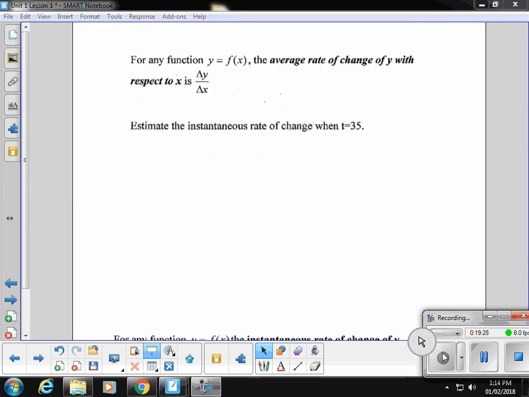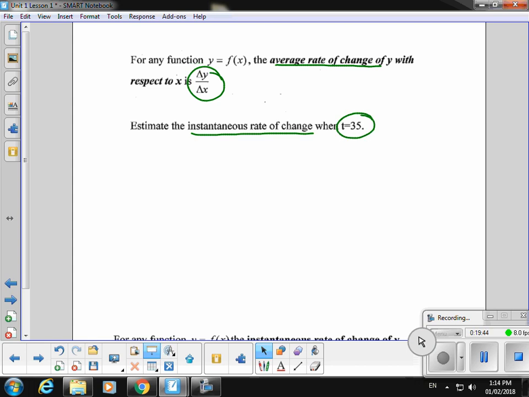Okay, so something you know already is that the average rate of change of y with respect to x is our delta y over delta x. Now we want to look at the instantaneous rate of change when t is 35.